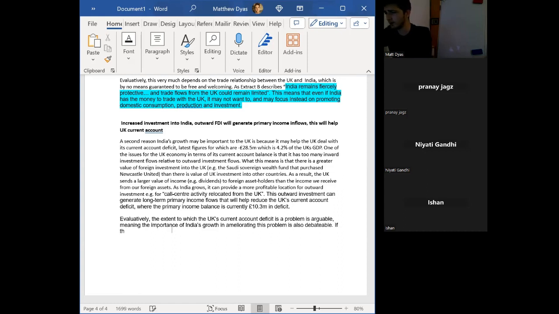Sure. If the current account deficit itself is unimportant, it cannot be argued that fixing this through growth in India suggests growth in India is important.